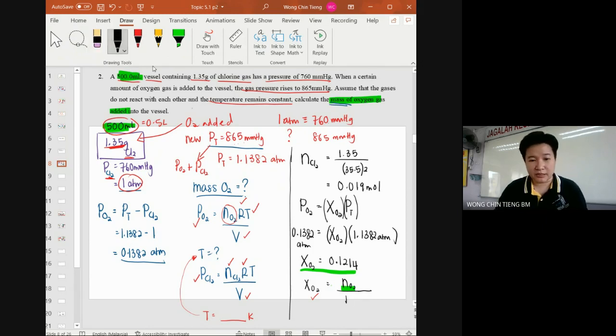Kira je number of mole total. So, cari number of mole total berapa? Kita kena cari number of mole total dulu. Kan? Kita kena cari number of mole total dulu.